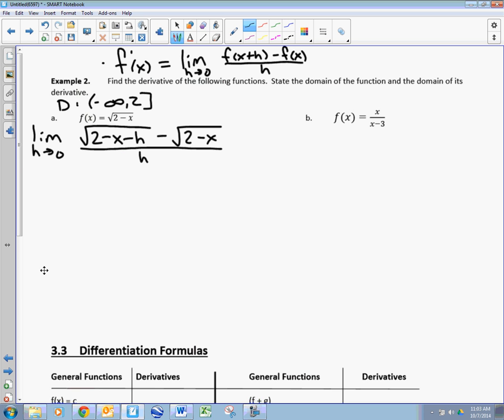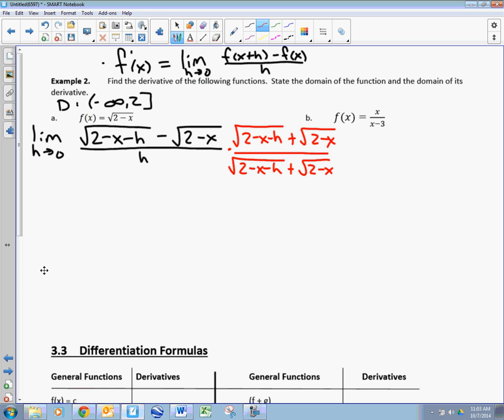Can I plug the 0 in for the h? No, you got to get rid of the h. Multiply by the conjugate. Square root of 2 minus x minus h plus square root of 2 minus x, all over the square root of 2 minus x minus h plus square root of 2 minus x.